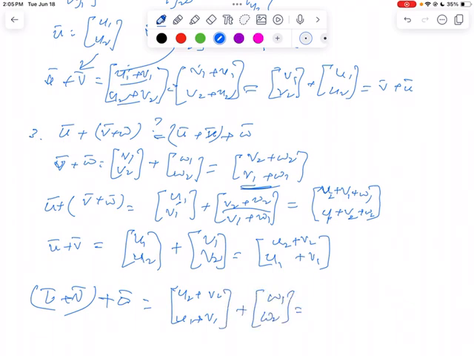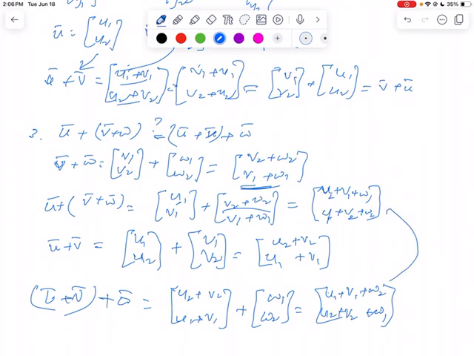So this is going to give you u1 plus v1 plus w2, and then u2 plus v2 plus w1. Sorry, we got it wrong? No, it's correct, right? It's correct.